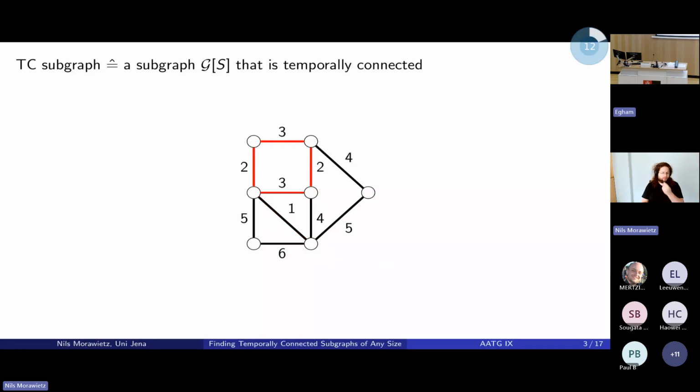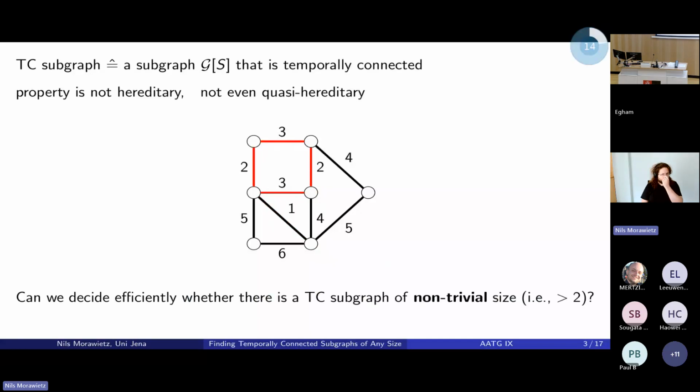For example, here I can remove this one vertex and still stay temporally connected, but now no matter which vertex I remove, the remaining 3 vertices will not be temporally connected anymore. And in fact, this property is not even quasi-hereditary, so there's not necessarily any vertex I can remove.